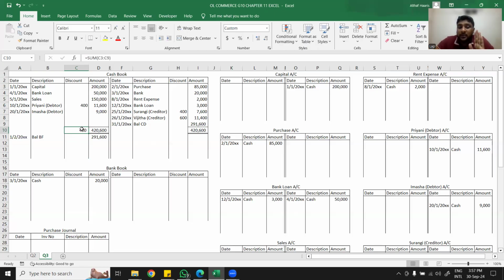These are just temporary columns. So discount given, discount allowed, what is the double entry? Debit the discount allowed expense, credit the relevant debtor.